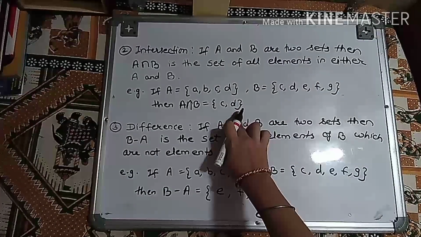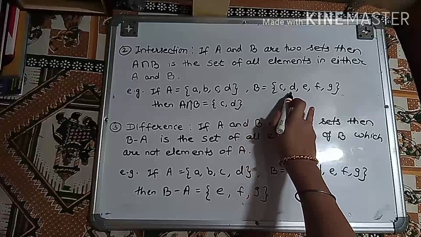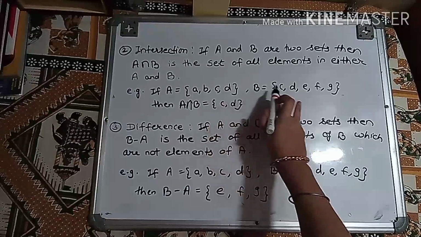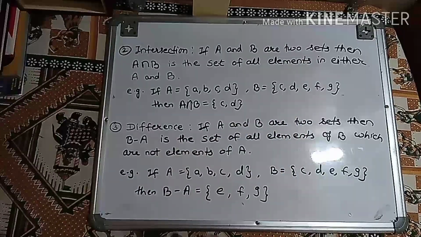A intersection B will be c and d, because these elements are in both A and B, or we can say that these are common elements in A and B.